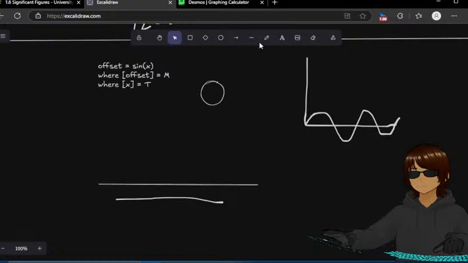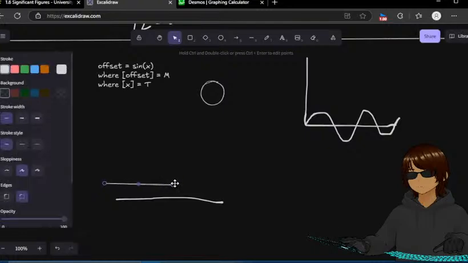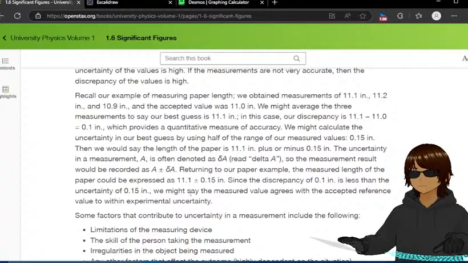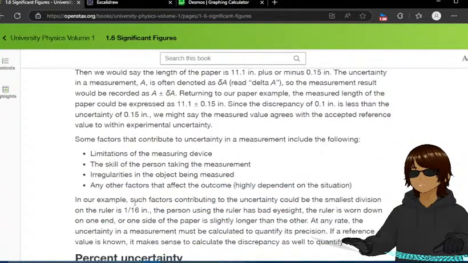But if it's a small discrepancy, with high uncertainty, the measured value would likely be within the accepted range. We might say the measured value agrees with the accepted reference to within experimental uncertainty.